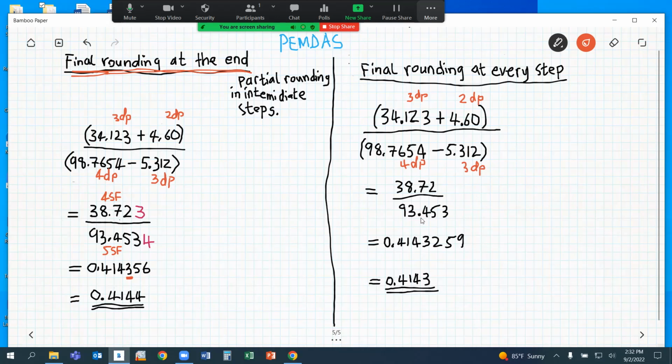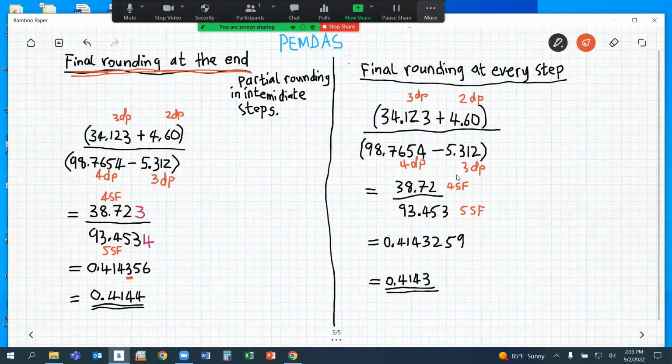Now we go to division, which goes with significant figures. We have 4 significant figures in the numerator and 5 significant figures in the denominator. We do the division, 38.72 divided by 93.453. It will give us 0.414329 and so on.